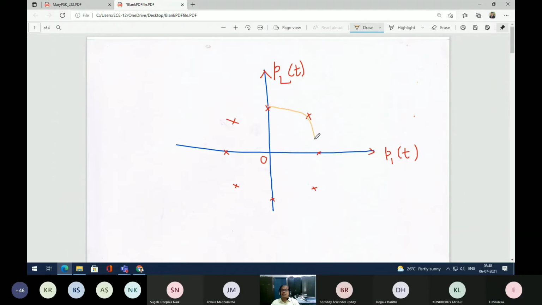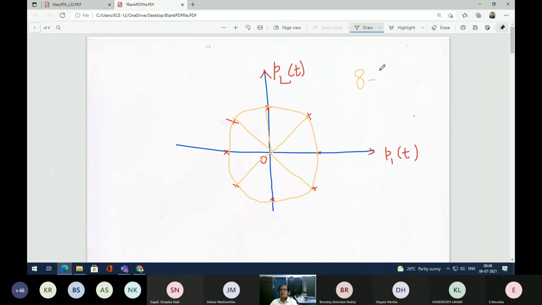So they are all on a circle. Why? Because their amplitudes are all equal, only the phases are changing. Whatever amplitude we take, say A, all have the same distance, the same amplitude. So this is, I can say, 8 PSK.